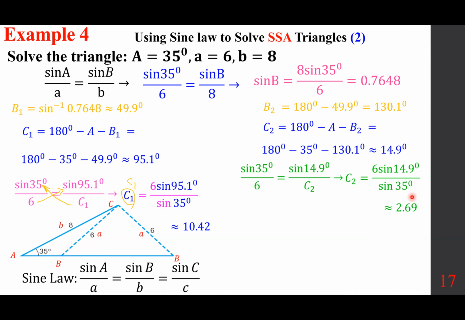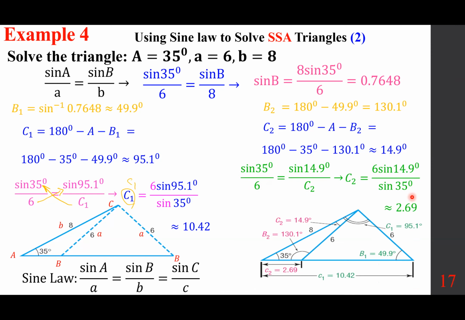So everything is done. To give you an idea, this was 35 degrees. This angle is 130.1 degrees. 14.9. This one is 95.1. 49.9. And this is C sub 2. And this is C sub 1. This is the large one.